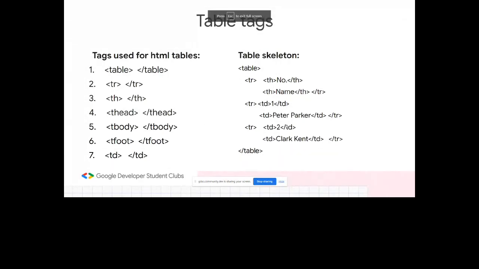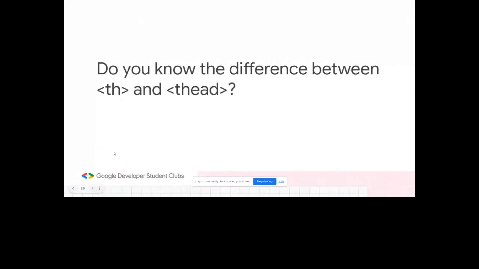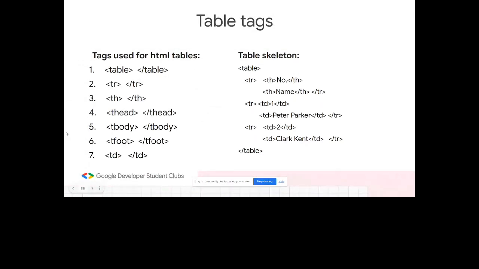I think you people might know this table tag and tr tag, th and td. And here the table tag is just like how we use a body tag, that we make all the content inside the body tag.